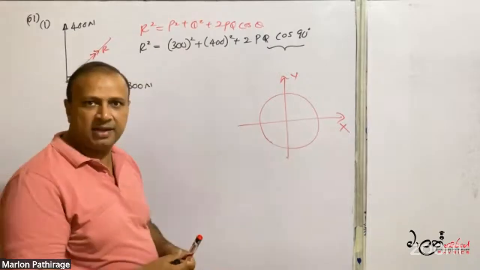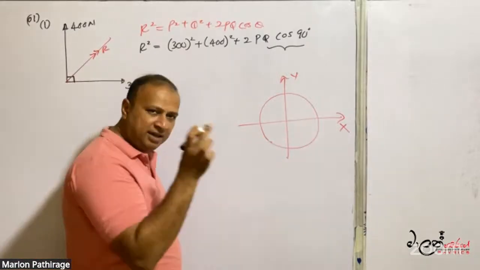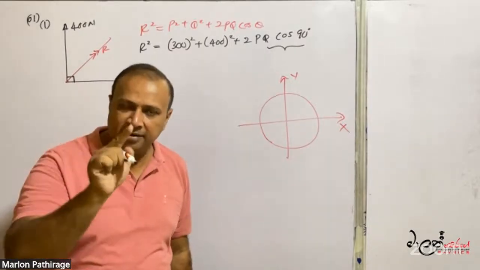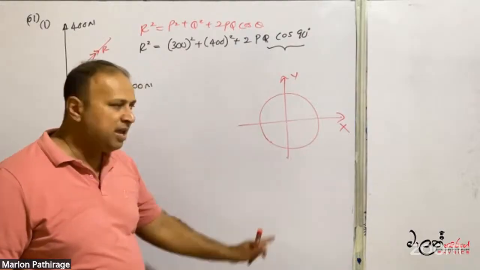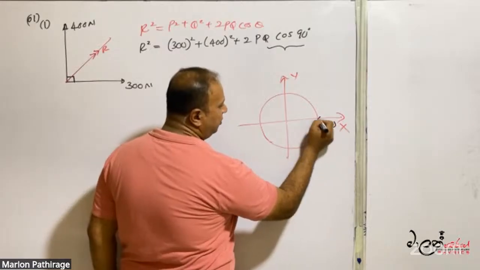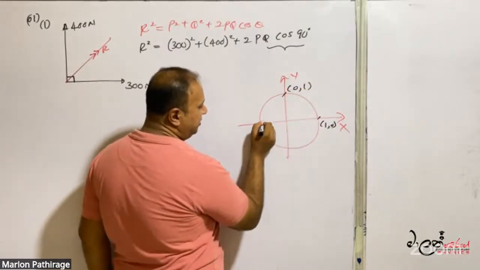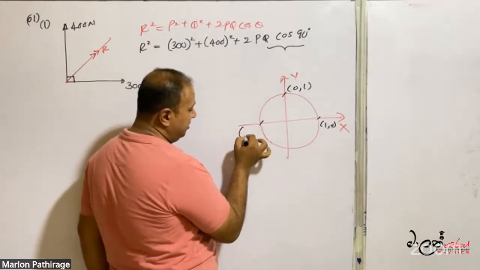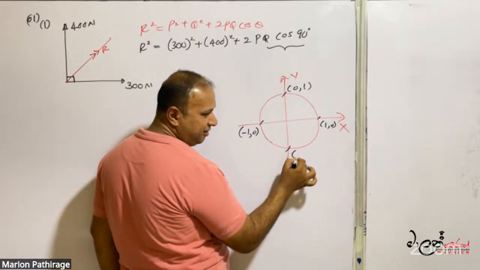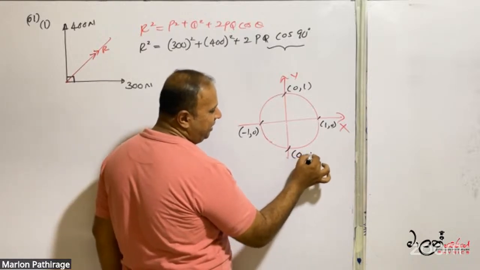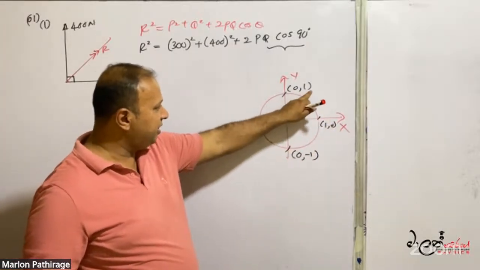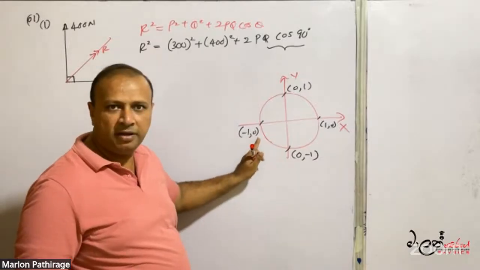A unit circle means a circle whose radius is 1 and the center is 0, 0. As the radius is 1, this coordinate is 1, 0. This is 0, 1. This is minus 1, 0. This is 0, minus 1.